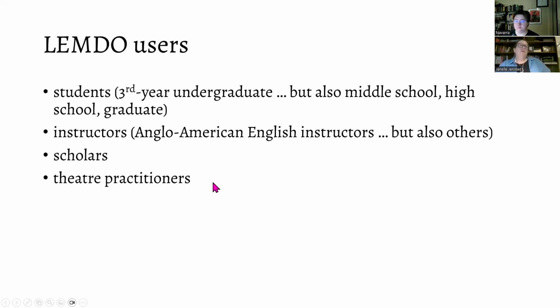Our users also include theater practitioners, especially if we get the grant we're applying for. The first users of our text are going to be actors, directors, and creatives in the theater who are working with us to realize these texts on the stage.